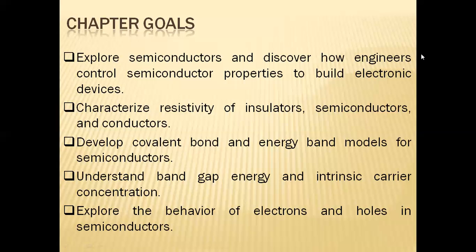Similarly, characterizing the resistivity of insulators, semiconductors, and conductors, and how the bonds are developed, usually the covalent bond that models the semiconductors, understanding the energy gap, and intrinsic carrier concentrations, exploring the behavior of electrons and holes in the semiconductors.